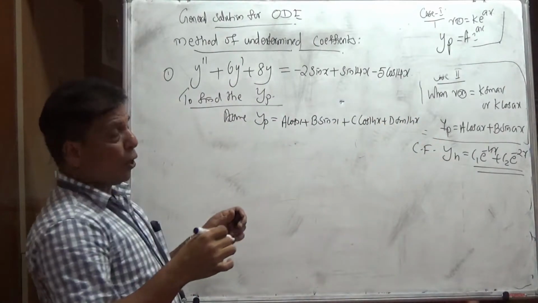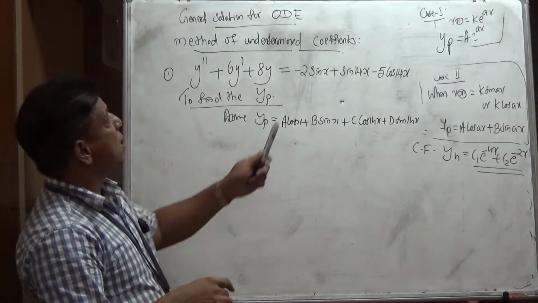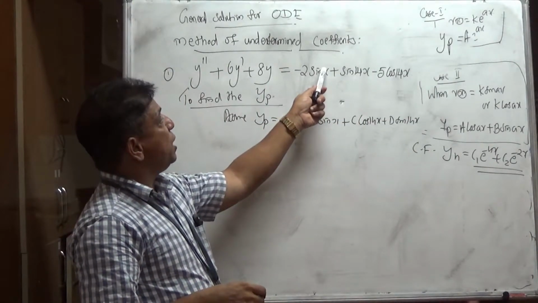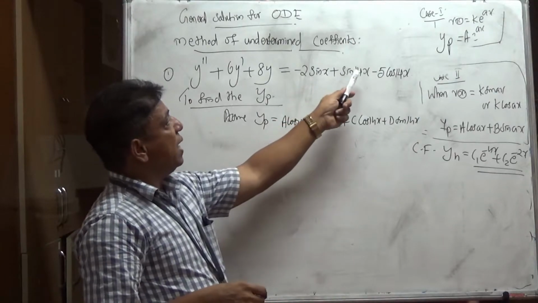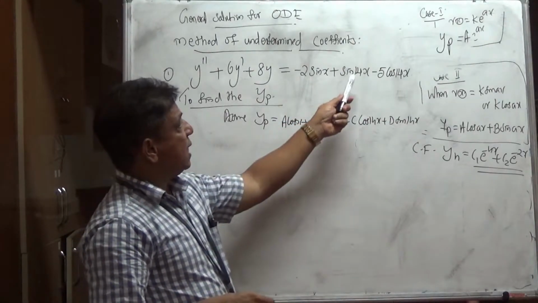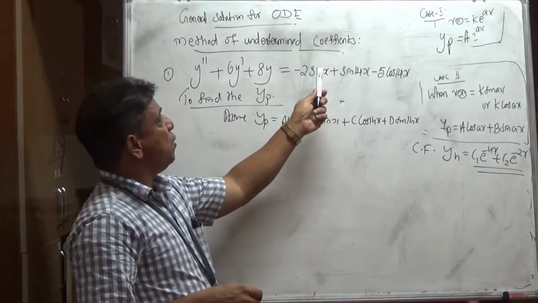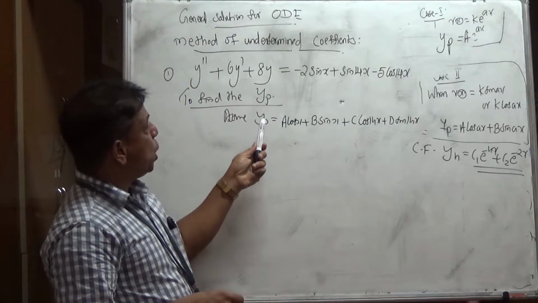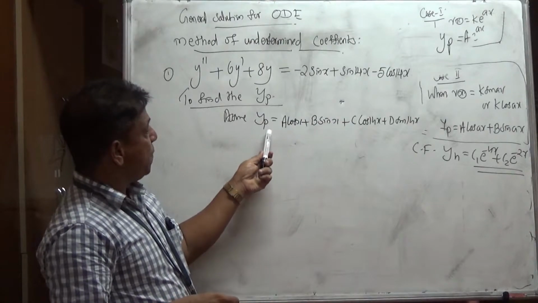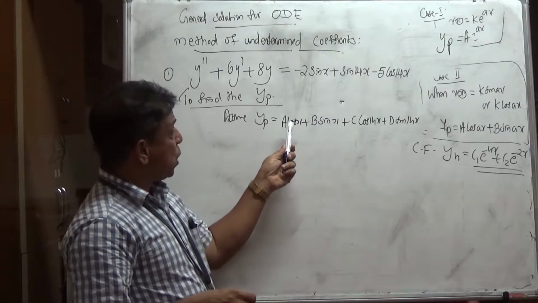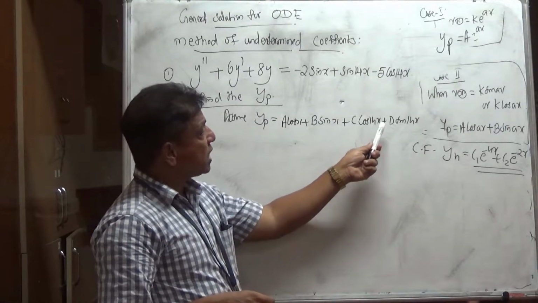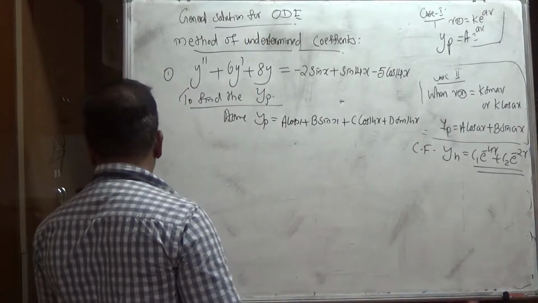Very, very important point: here we have two different arguments. One argument is 1, x into 1, and the other is 14. Therefore, we assume yp as a cos x plus b sin x plus c cos 14x plus d sin 14x.